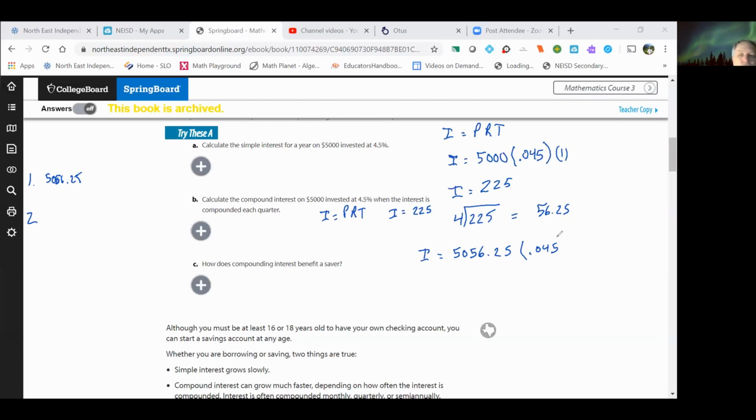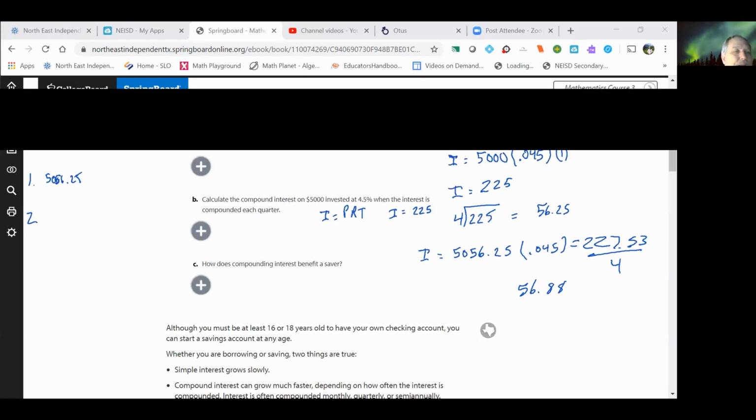That is equal to $227.53. Then we take the $227.53 and divide that by 4, and that gives me my quarterly interest of $56.88.